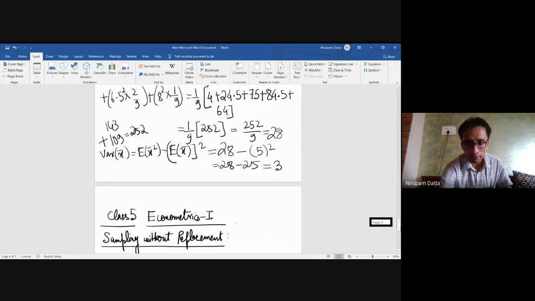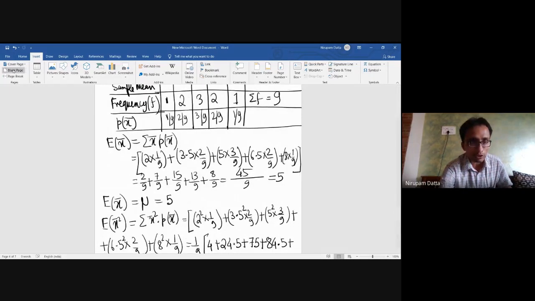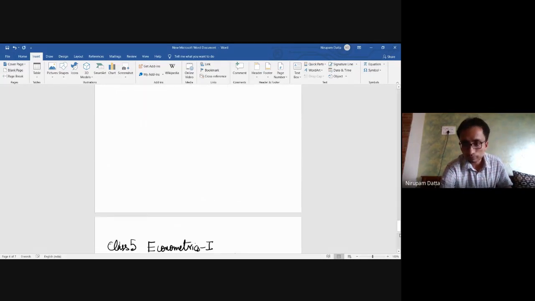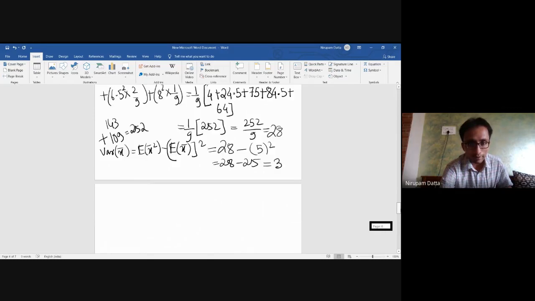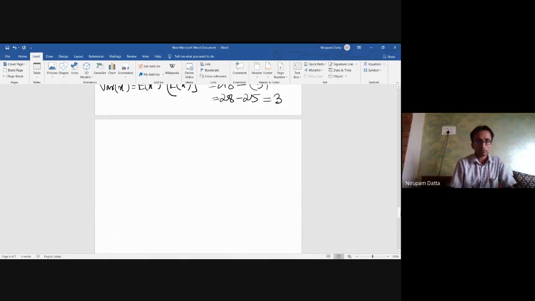Now we'll have to calculate the variance of the population. Population variance will be calculated using this formula.